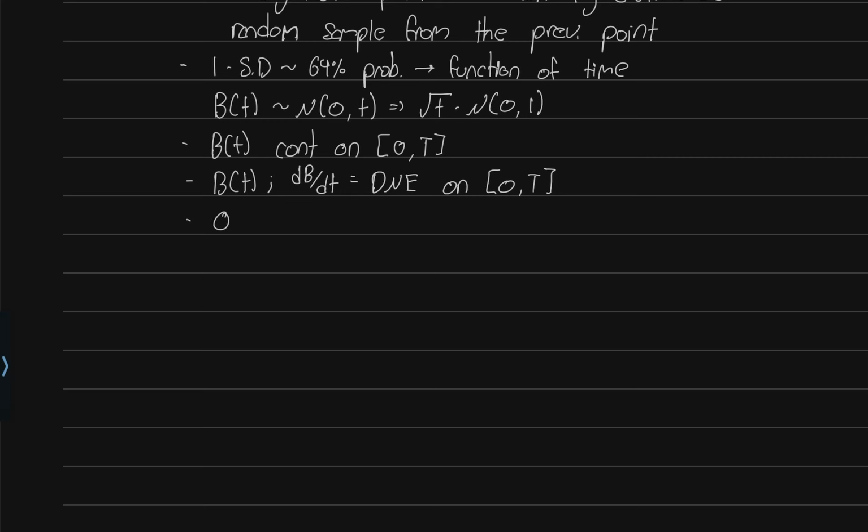We also know that Brownian motion has a quadratic variation, which can be written as dB squared is equal to dt, or it can be written as dB is equal to square root dt.